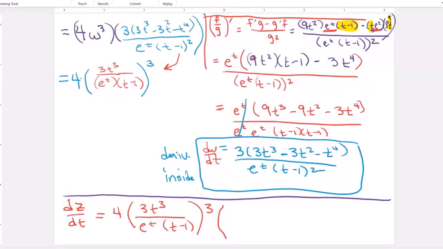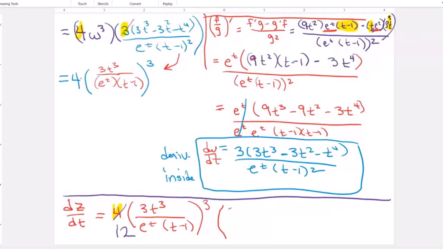I'm going to take this 3 that comes from here, and I'm going to multiply it by that 4, which gives me, instead of 4 here, 4 times 3 is 12. I can let go of this 3 because I just multiplied it on the outside.